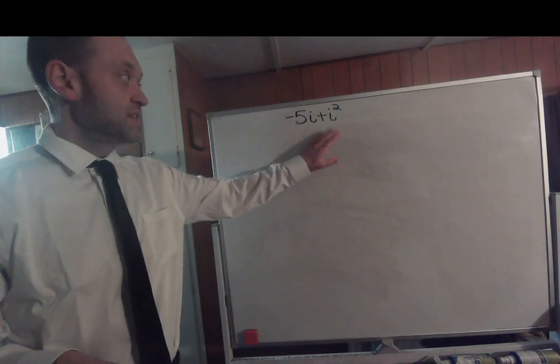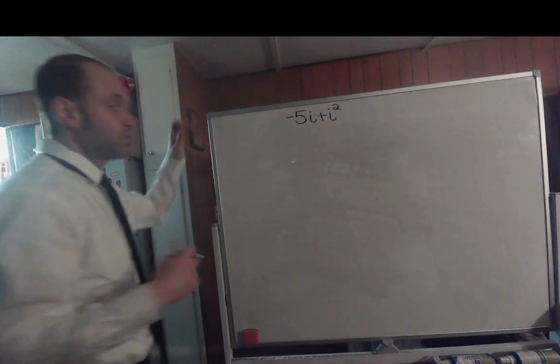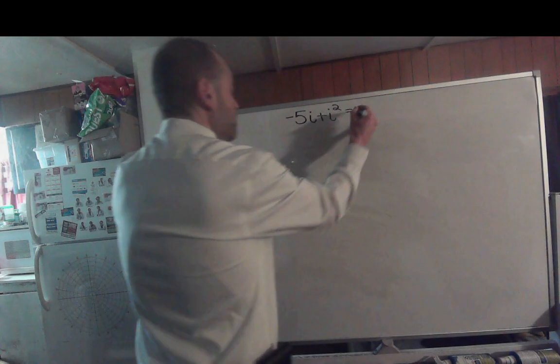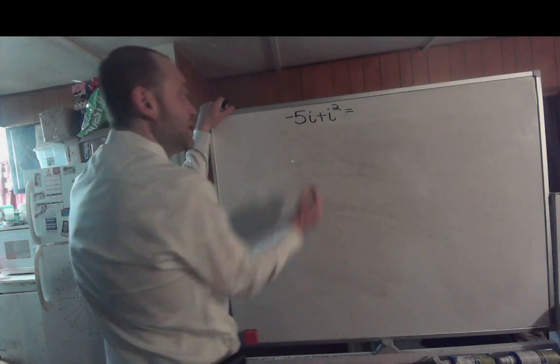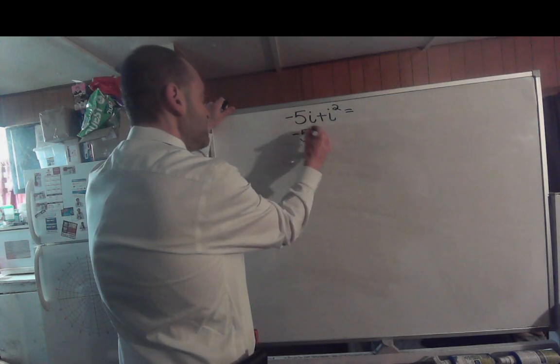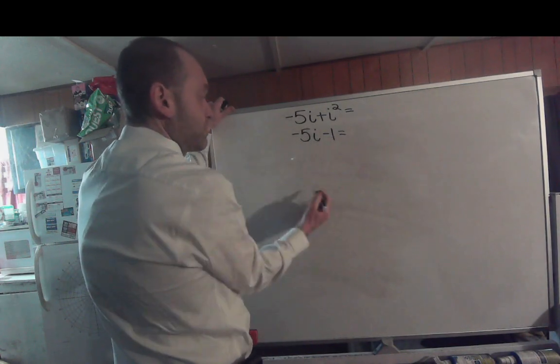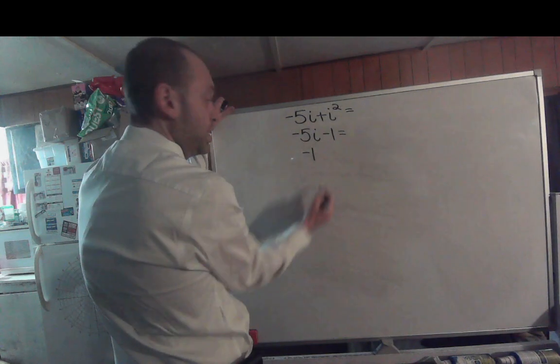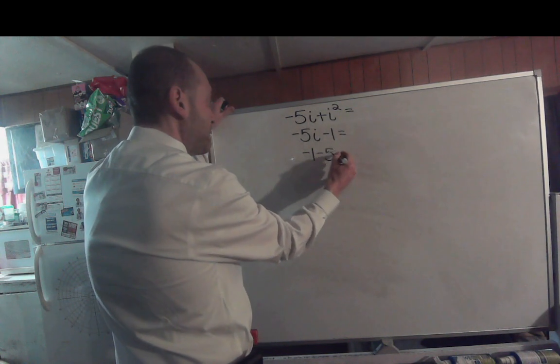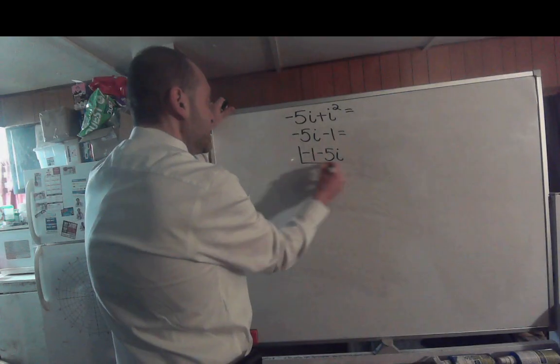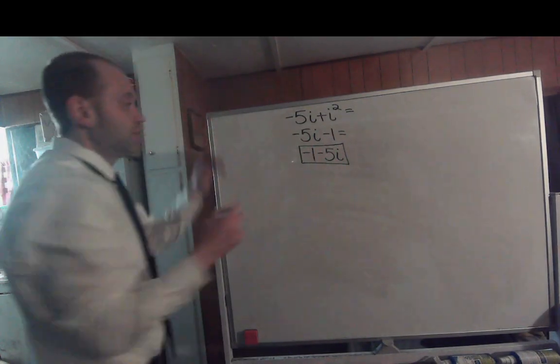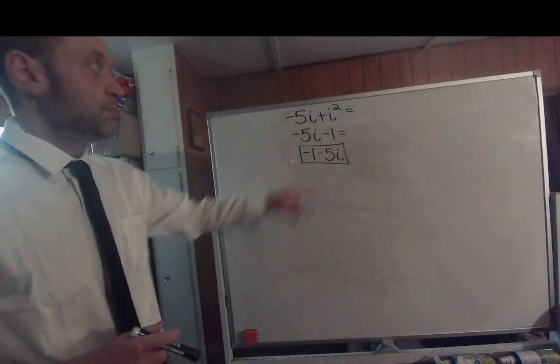Well, what is i squared? That's negative 1, right? So this will become negative 5i minus 1, which in standard form you would actually write as negative 1 minus 5i. So in standard form, negative 5i plus i squared is negative 1 minus 5i.